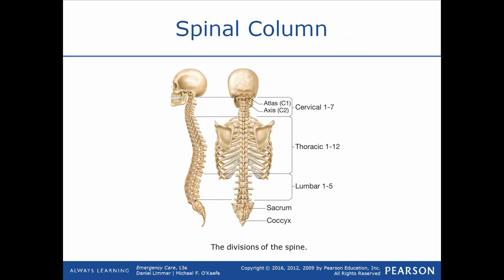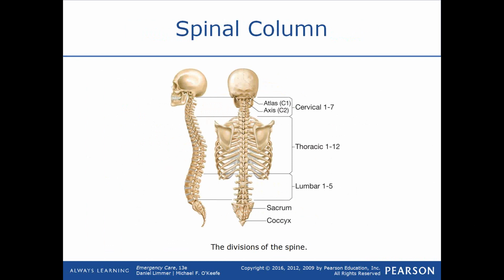You have 7 cervical vertebrae, 12 thoracic vertebrae that correspond to the 12 ribs, 5 lumbar vertebrae, and then the sacrum and the coccyx. The sacrum is vertebrae that are fused together, as well as the coccyx, or the tailbone, which is fused together as well.